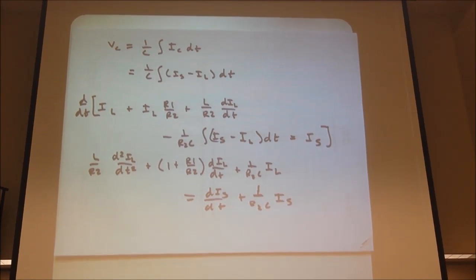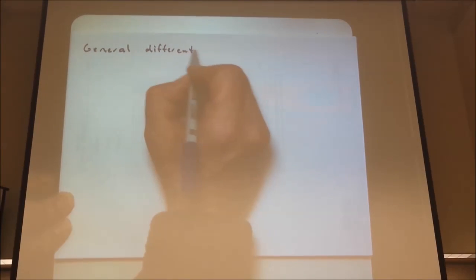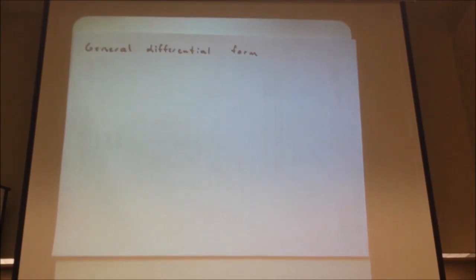So, where does that leave us? Well, as I promised, we have something that looks like this, and we'll go back and just look at a general differential form. We'll take a break in just a few minutes. So what do we have right now?